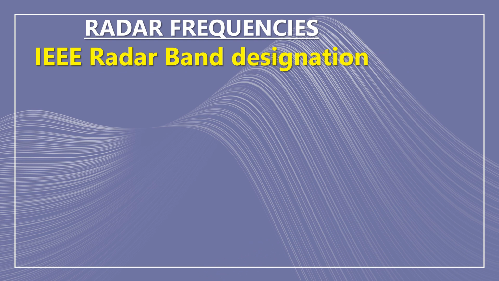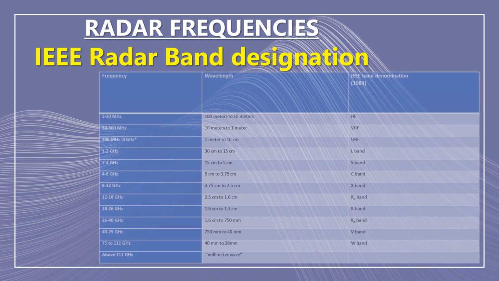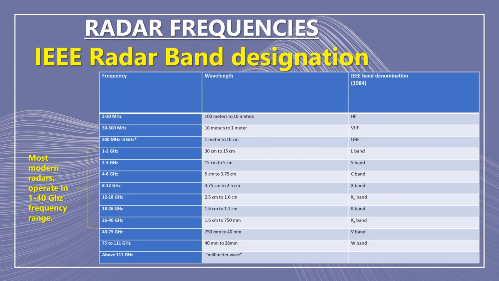According to the Institute of Electrical and Electronics Engineers, the frequencies within which radars operate are the following. In order to make the frequency bands easier to use, the IEEE has named these radar bands with letters, as displayed on the right of the table.